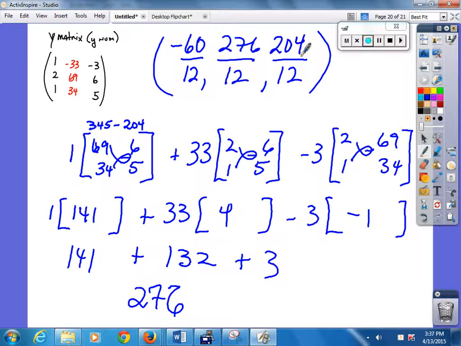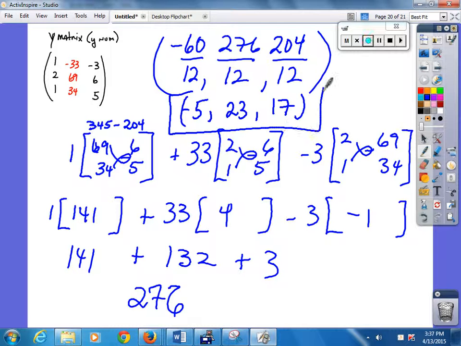Somebody tell me what we got for the first one. -5. And 17. Is that what we got for the first problem? And that's how you do Cramer's rule.